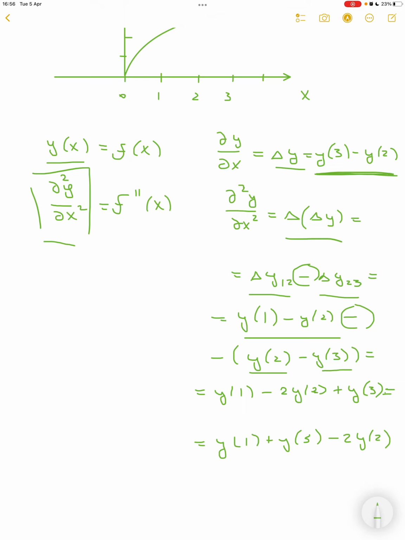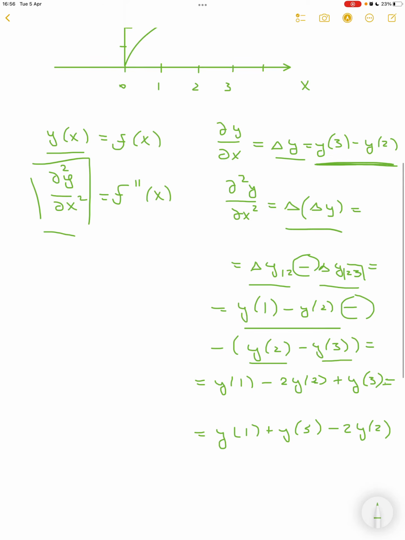It was our difference on the interval from 2 to 3. Now, when we open the parentheses, we get this equation: y at 1 minus y at 2 minus y at 2, and plus, because minus on minus gives plus, y at 3.